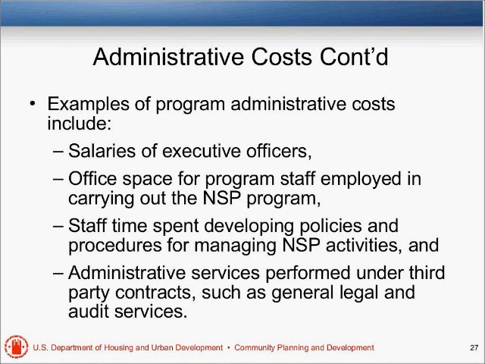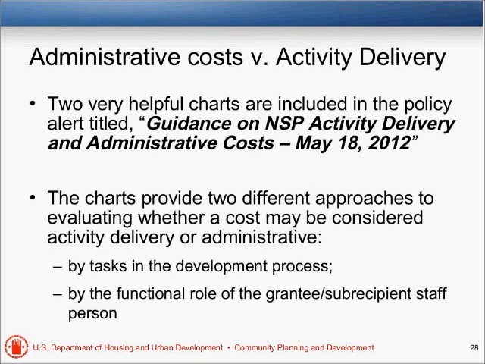Now, as promised, there is a really handy chart in this May 18th, 2012 policy alert, Guidance on NSP Activity Delivery and Administrative Cost, and it breaks it down in two ways: by task in the development process, pre-development, construction, post-development, and the functional role of the grantee or subrecipient. And it lets you know which activities would be considered activity delivery cost and what would be considered admin.